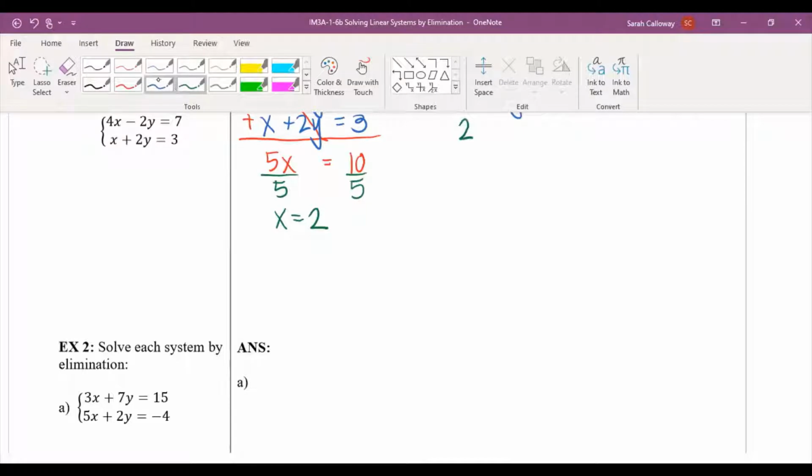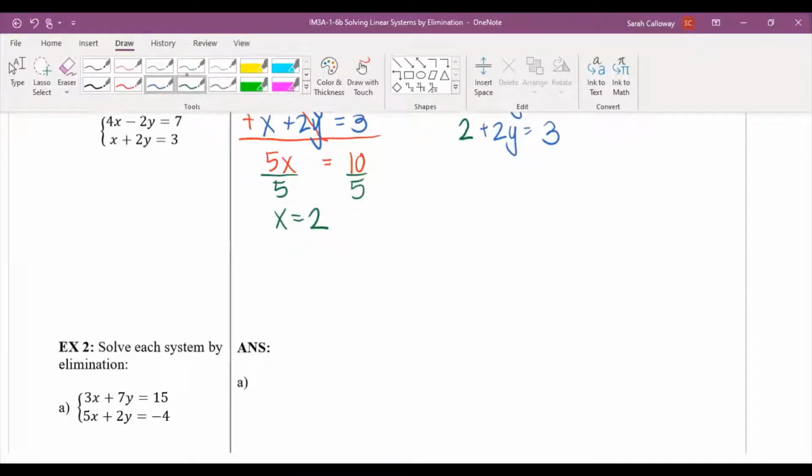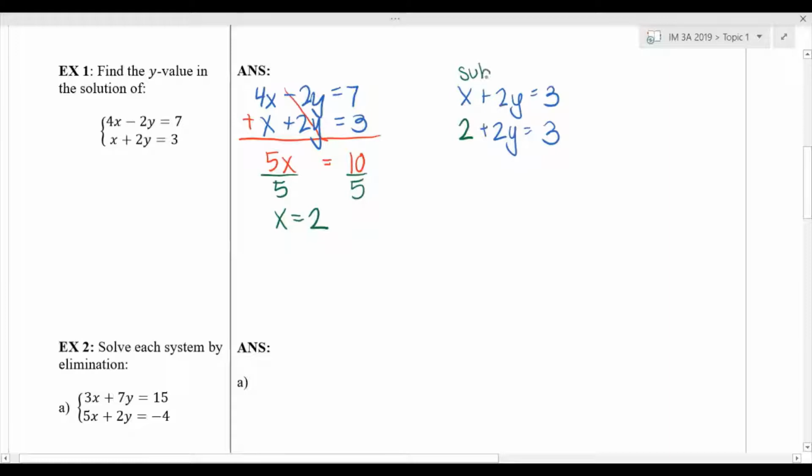It doesn't matter which equation we choose. We could have chosen the other equation as well. So we're going to substitute into one equation. I'm going to shorten equation to EQN.